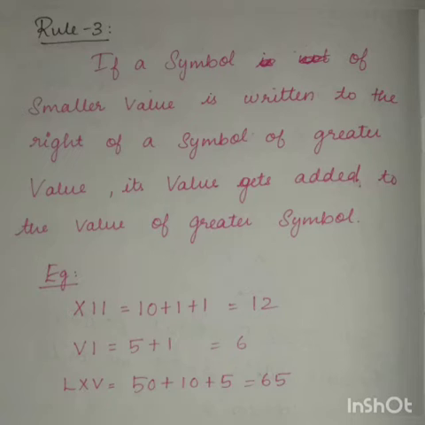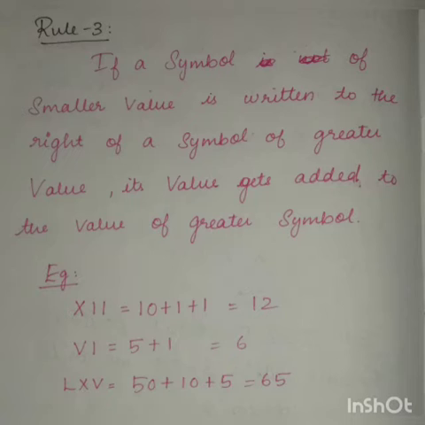First the greater value will be on the left side, and the smaller value on the right side. If it is that case, then you will add that symbol to the greater value.